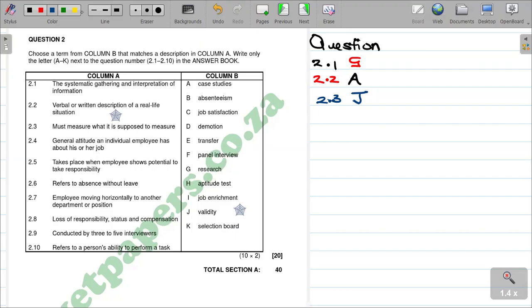Right, let's go to 2.4. General attitude an individual employee has about his or her job. We call it job satisfaction, which is C. Let's go to 2.5.